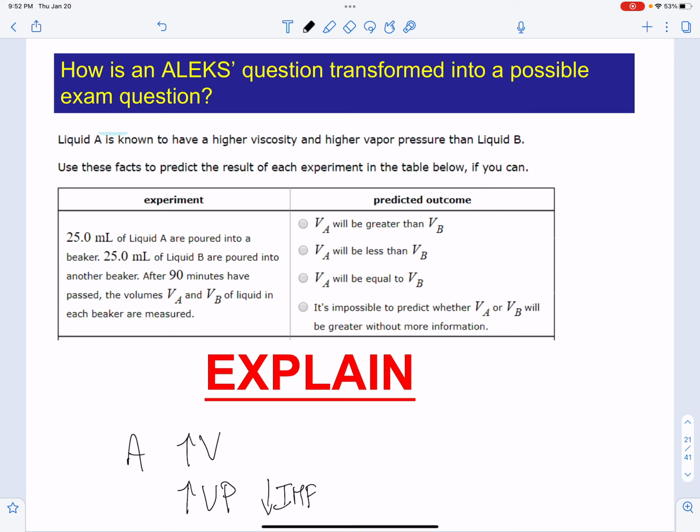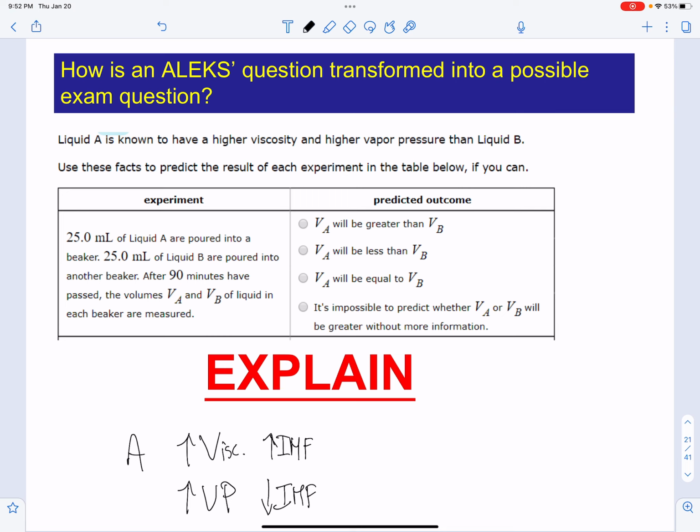If we have a higher viscosity, that means that the molecules cannot slide past one another. Therefore, the intermolecular forces are high. Do you see a problem with that so far?